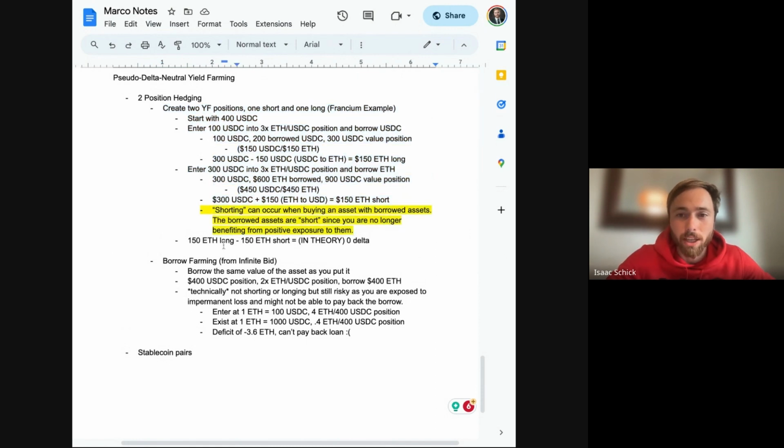You could set up this position on almost any other yield farm application. It's just that Francium is made for it. On any other yield farming application, you'd have to set up two different positions. It's a bit more precarious because you'd have to handle both these positions individually, calculate when you would be liquidated, and move your funds appropriately. But this is essentially how to minimize exposure to the market when yield farming.